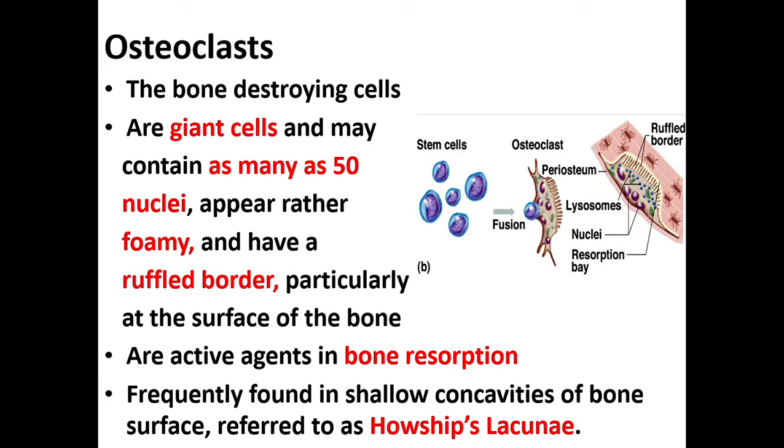They are usually found in shallow concavities of the bone surface, referred to as Howship's lacunae. You can see in the illustration the ruffled borders of the osteoclast and the nuclei inside the cell. It may contain as many as 50 nuclei because the osteogenic cells have combined together, contributing to the number of nuclei of the cell.